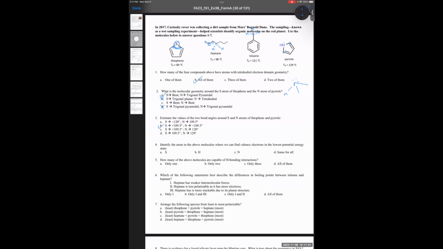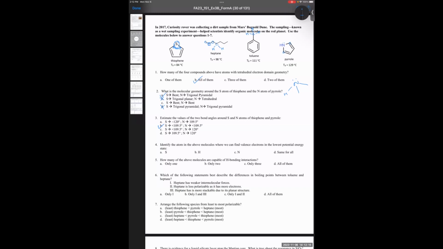Question 4, identify the atom in the above molecules where we can find valence electrons in the lowest potential energy state. Okay, so remember the potential energy is related to the strength of attractive interactions. In this case, we're talking about attractive interactions between the electrons and the nuclei.